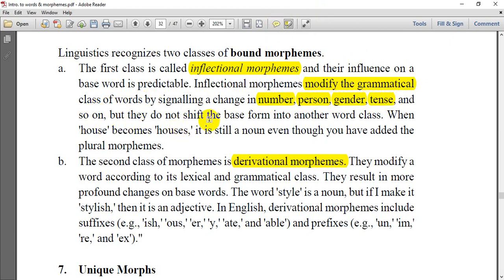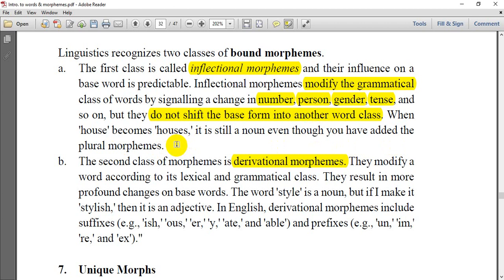But they don't shift the base form into another word class. It's very necessary to know that inflectional morphemes don't shift the base form into another word class. For example, when house becomes houses, it is still a noun, even though you have added the plural morpheme.